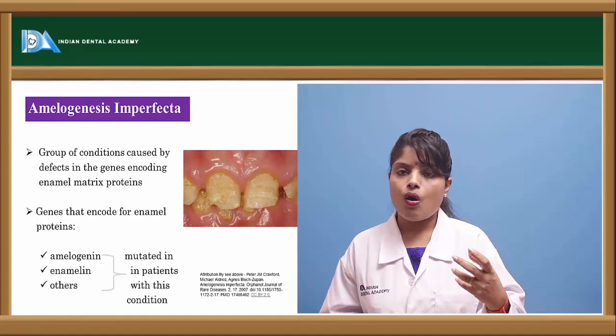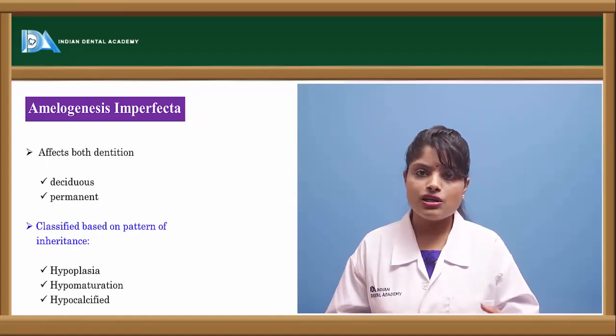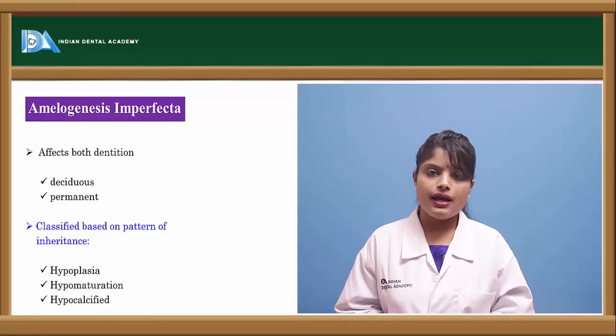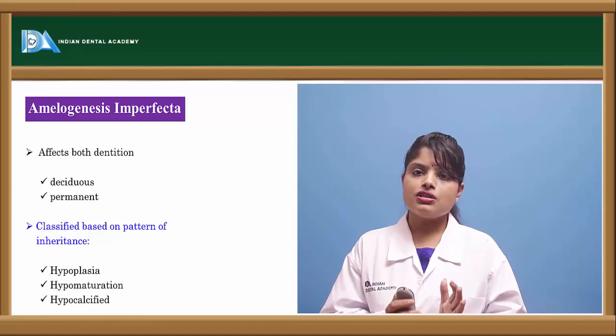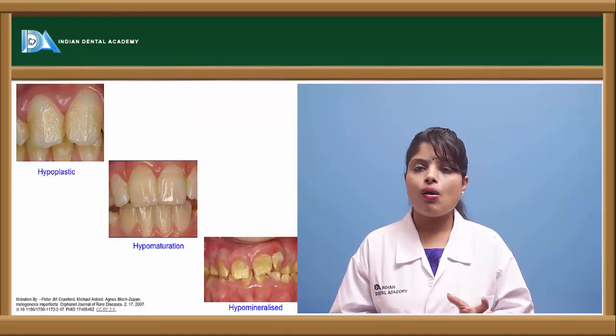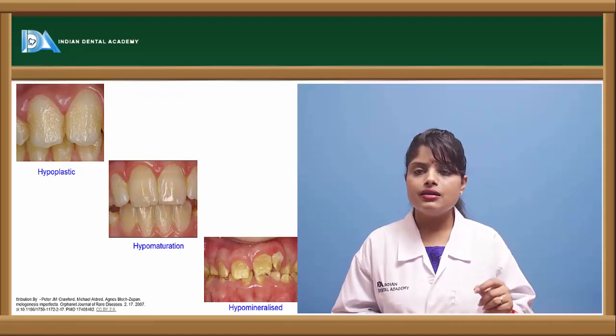It can be of various types: the hypomaturation, the hypoplastic, and the hypocalcification. In the hypoplastic type of amelogenesis imperfecta, there is a defect in the formation of the enamel, and the enamel will be thinner than normal.